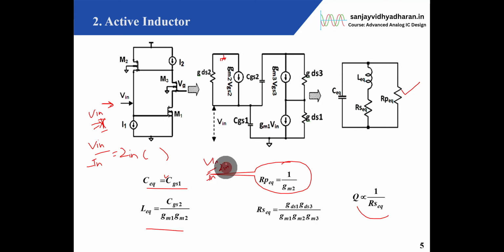Now, if I map whatever Z in I get to this equivalent circuit, these are the values I get. This C equivalent is given by the capacitance of this transistor, and the inductor L is given by CGS and the gm of these two transistors.